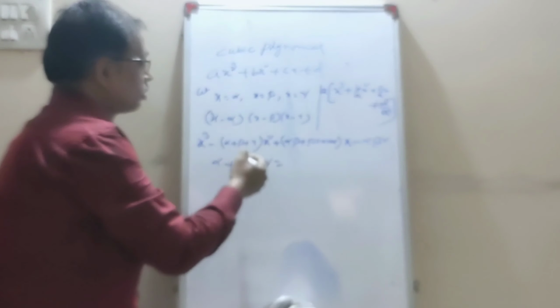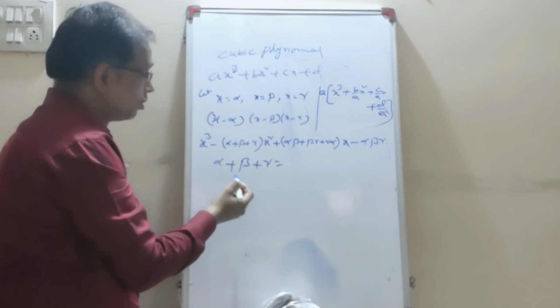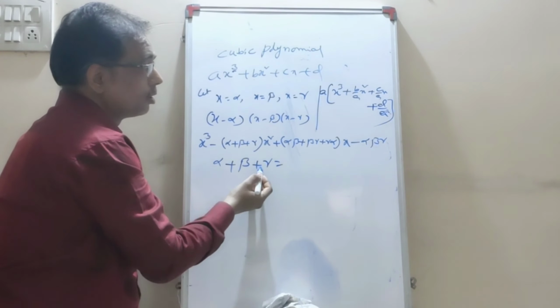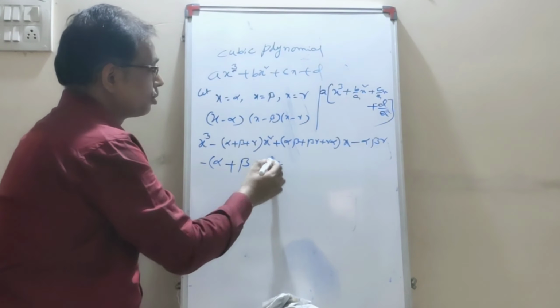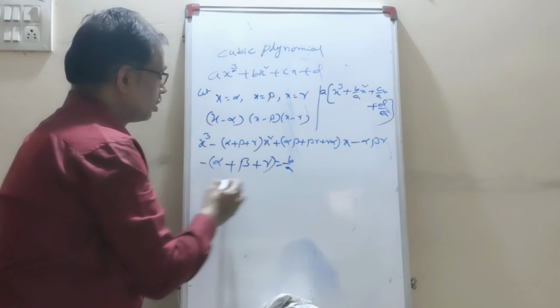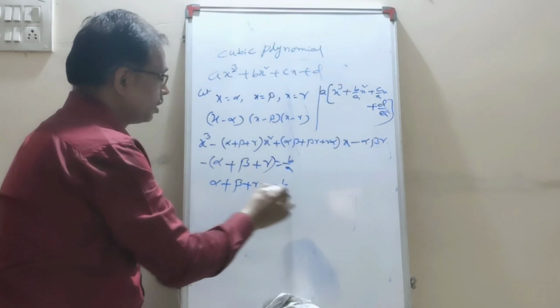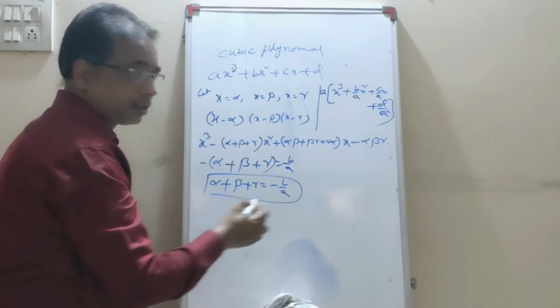Here x cube and here also x cube. So we get minus of (alpha plus beta plus gamma) is b by a. Then the sum of the zeros alpha plus beta plus gamma equals minus b by a. This is the first formula.